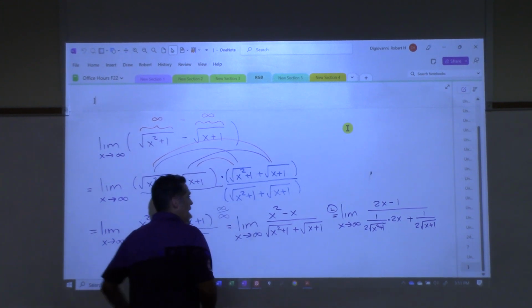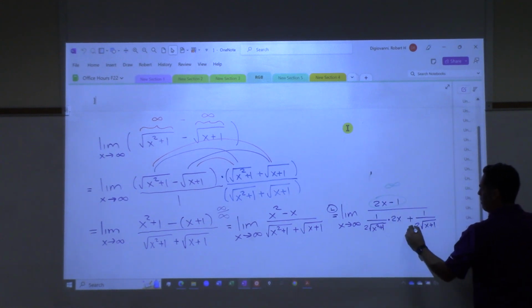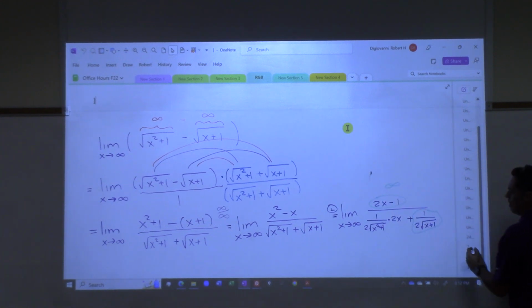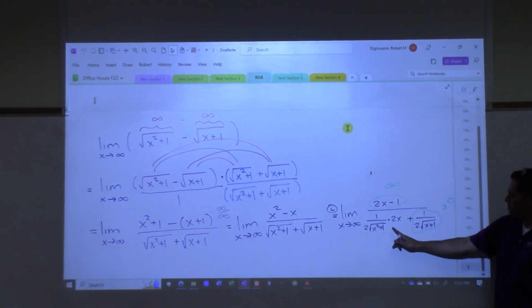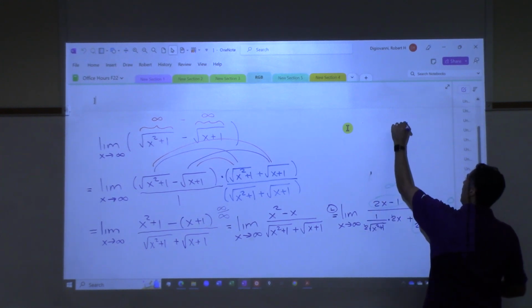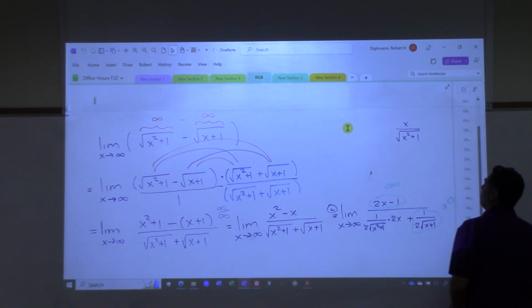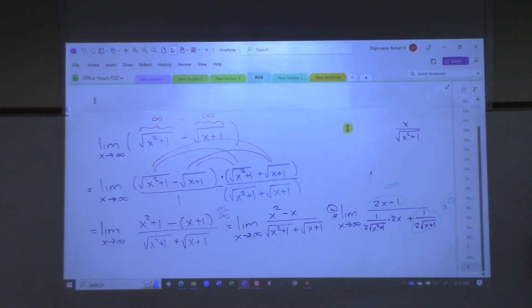So this right here is headed to infinity. This right here is headed to 0. And then I'm adding to that, this is the one that's a problem. Let's cancel the 2's. That's really x over square root of x squared plus 1. And what is that headed to? Infinity over infinity, which means we don't know.